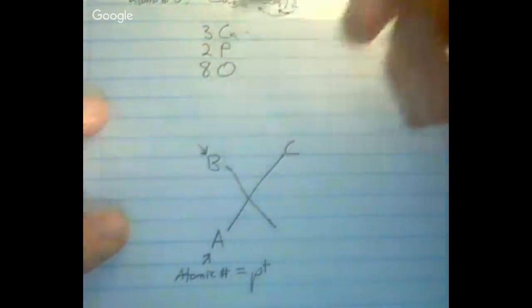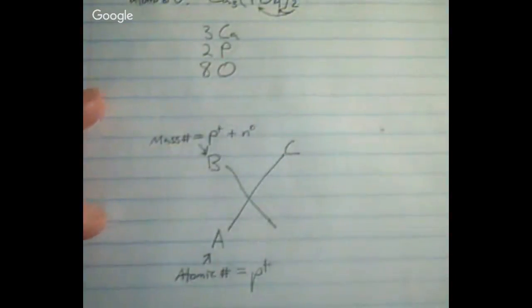B is the mass number, which is equal to the sum of the two particles that make up 99.99% of the mass. Both of them are contained in the nucleus. That's the protons and the neutrons. Okay. So mass number is protons and neutrons together.